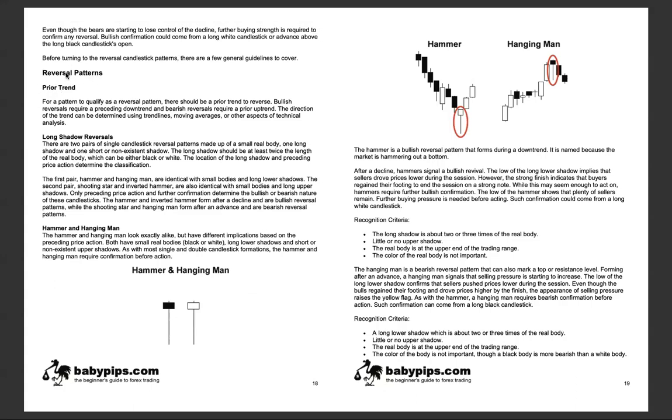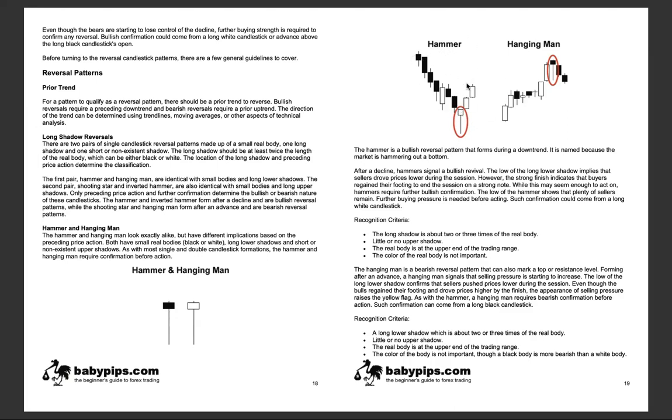And then here we have something called reversal patterns. We have long shadow reversals, hammer, hanging man. For example, when you see this candle here, it's called a hammer.